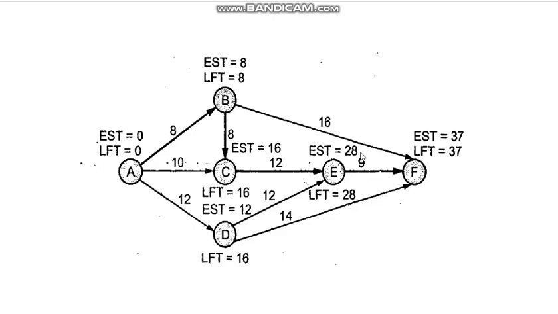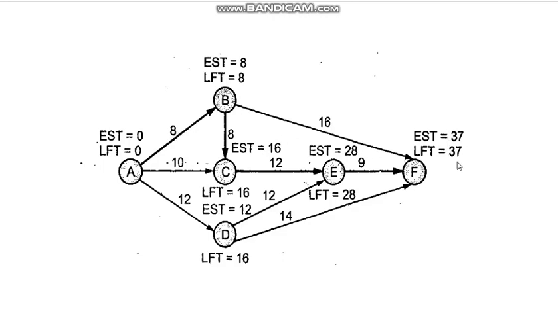Now we have found out what the critical path is. Critical path is that path which has the activities which cannot be delayed. Suppose this activity is taking 8 minutes, but instead of 8 minutes you have taken 9 minutes, that means you have taken 1 minute more.